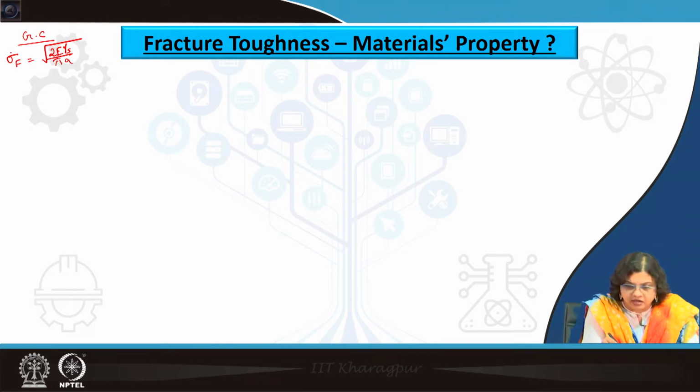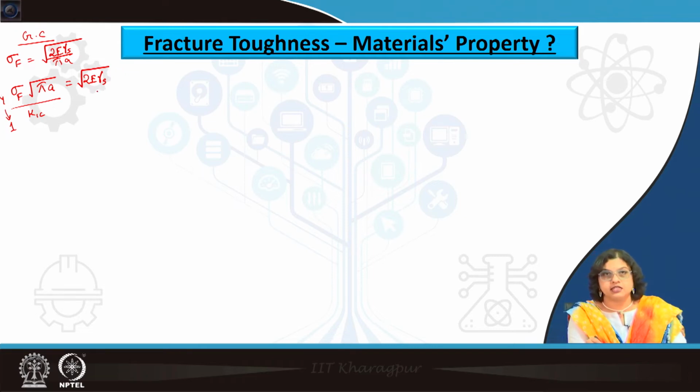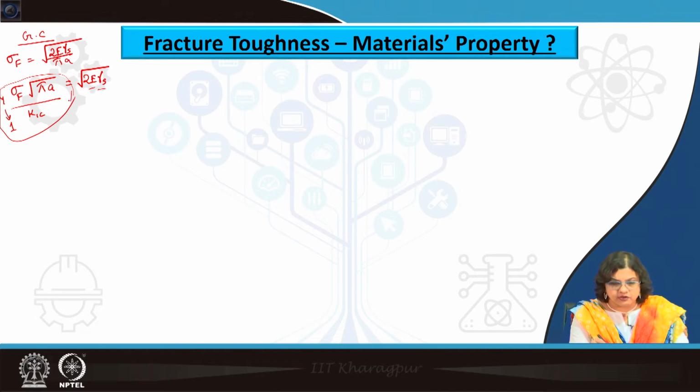When we rearrange this relation, we get sigma f root pi a, which is nothing but K 1 c, because Y in this case is 1, and that equals root 2 E gamma s. Since E and gamma s, the elastic modulus and the surface energy, are both materials property, the left hand side, sigma f root over pi a, or for that matter K 1 c, is considered as a materials property.